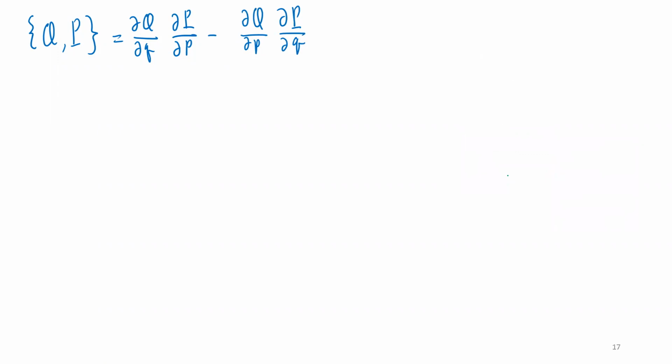I don't need to know what the generating function is, but I know that this is coming from a generating function. Again, I'm just going to use type 1 as a special case, and I know that these two relations hold. As I said, I don't need the explicit form of this capital F.